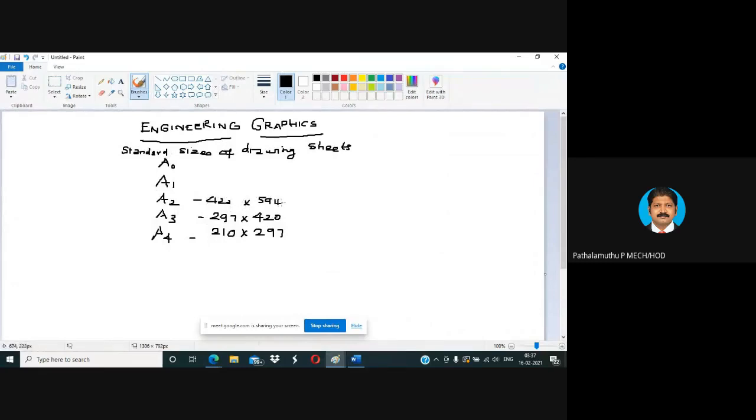A1 size is 594 mm into 841 mm. A0 size is 841 mm into 1189 mm. These are the standard sizes of drawing sheets.